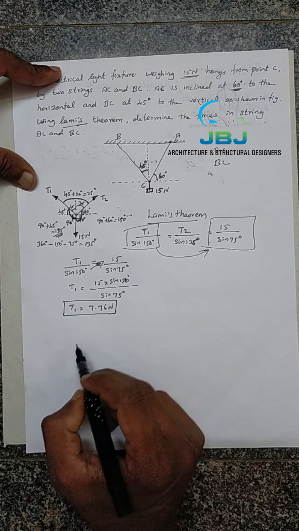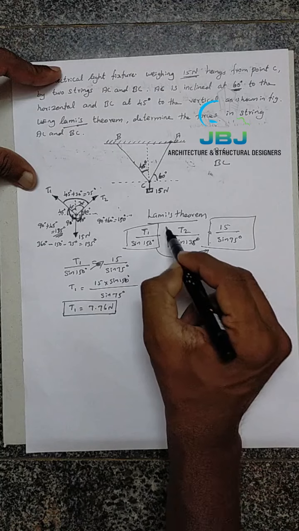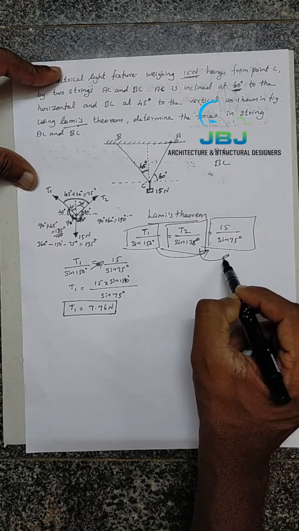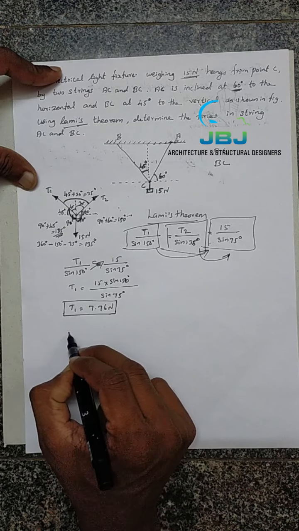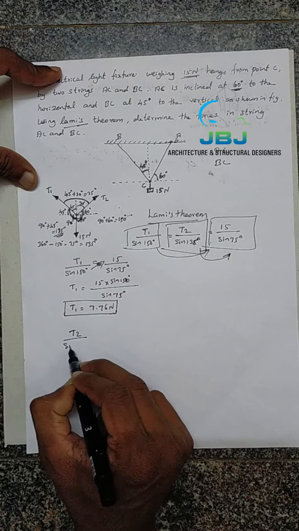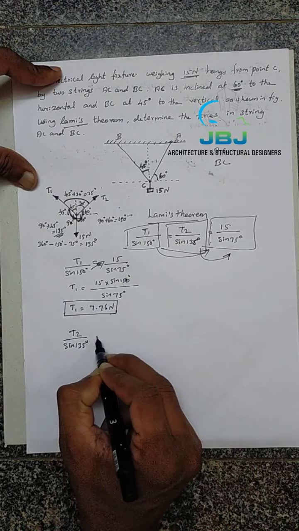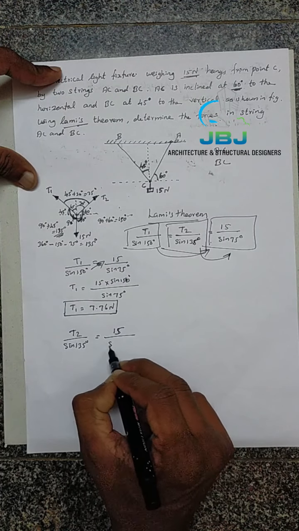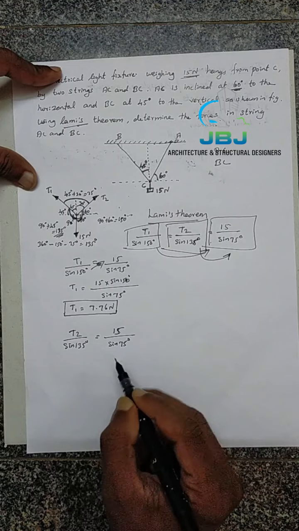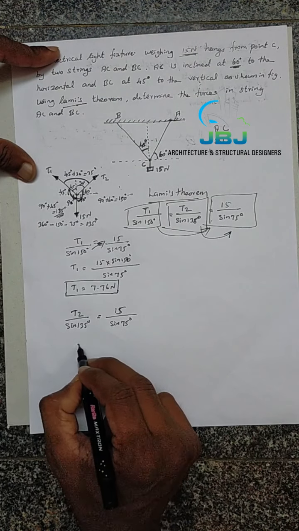Then second, take the other term, one unknown value and one known value. That is T2 divided by sine 135 equals 15 divided by sine 75 degrees. So how will you find the value of T2?